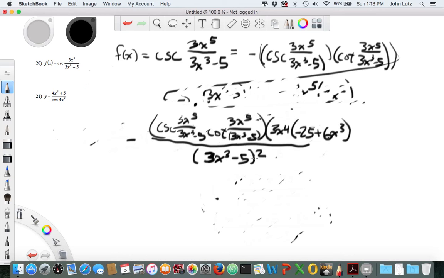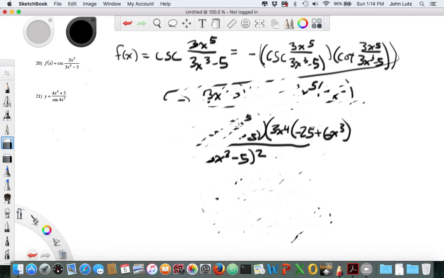And you never know how far they're going to simplify things when you are looking at the multiple choice section of the test. So you've got to be able to use all your algebra skills to simplify this stuff. Okay, so that's how you do that.